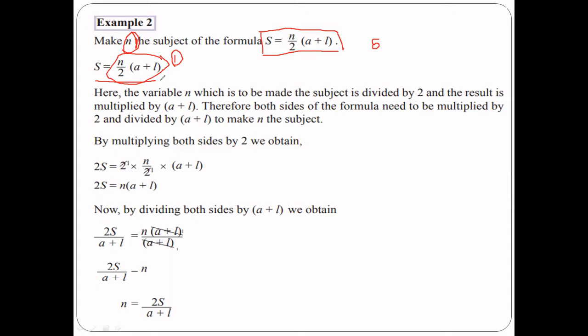But you can do multiplications and divisions to remove this 2. So the first operation you have to do is remove 2. Because n over 2 multiplied by a plus L, then n divided by 2 can be removed by multiplying by 2.